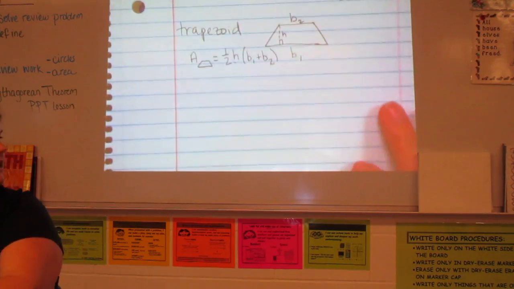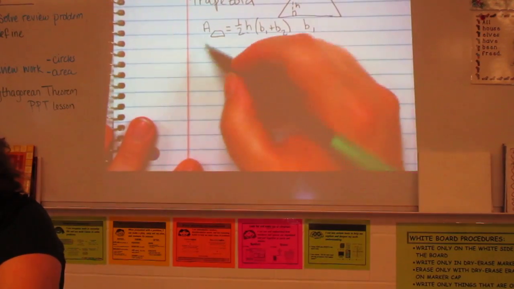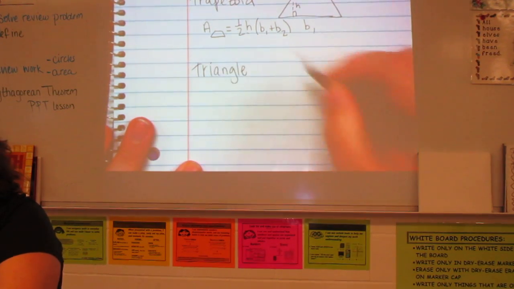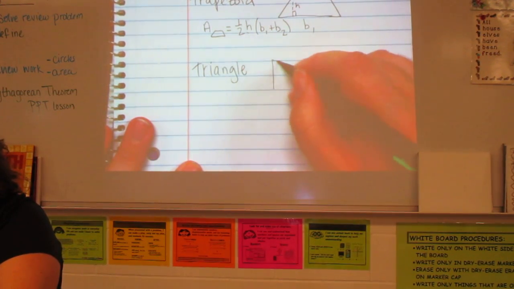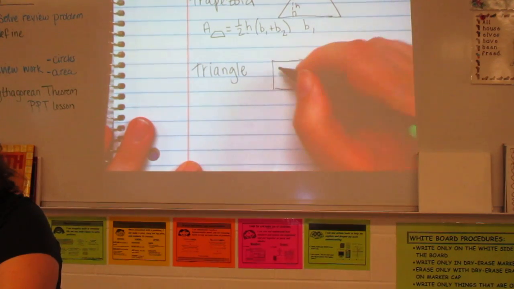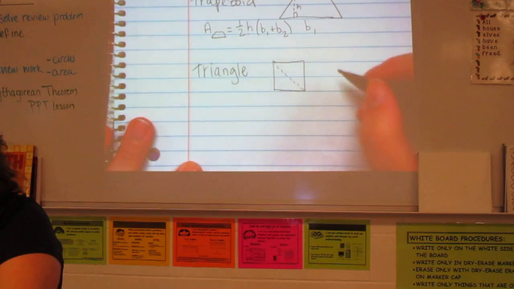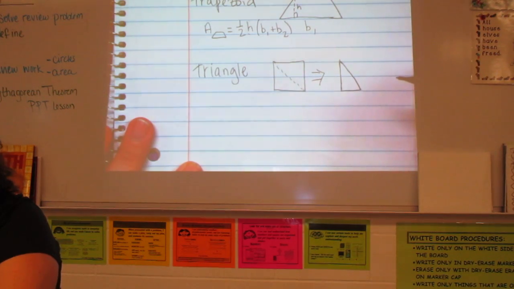And the last formula that we need is the triangle. A triangle is half of a quadrilateral. No matter what triangle you draw, it's half of a certain quadrilateral.